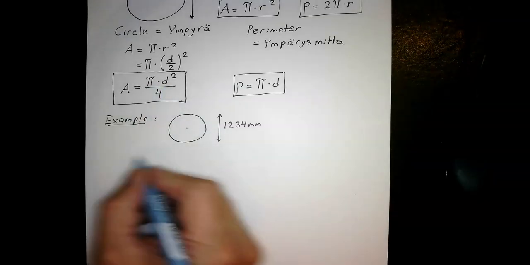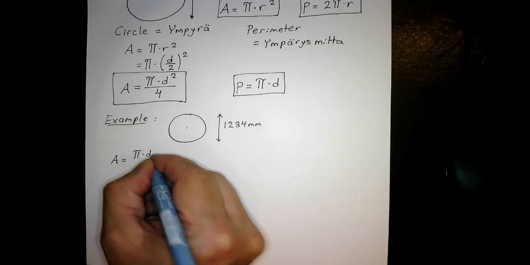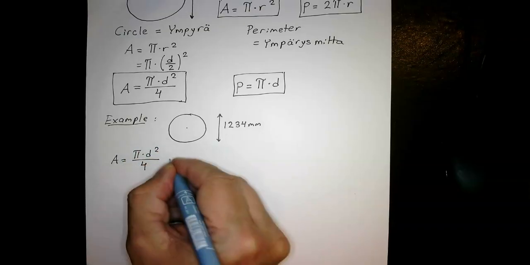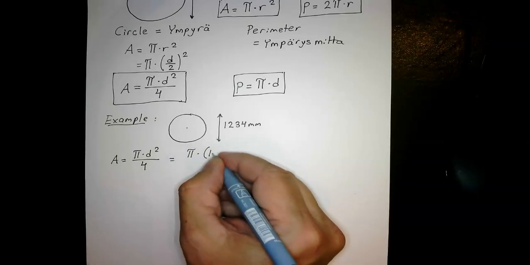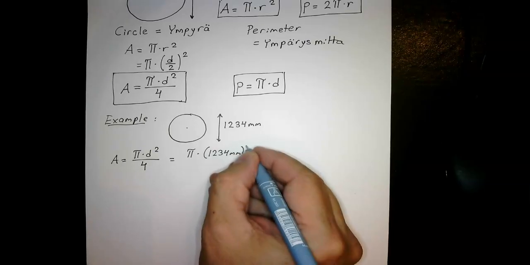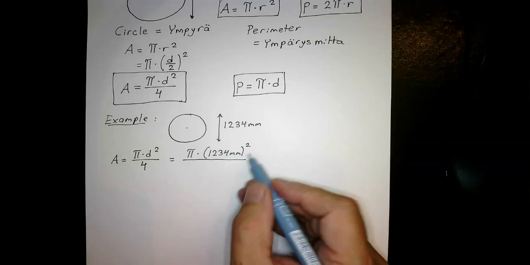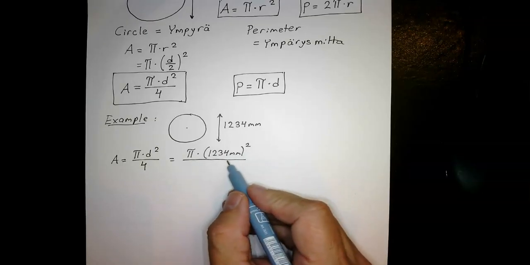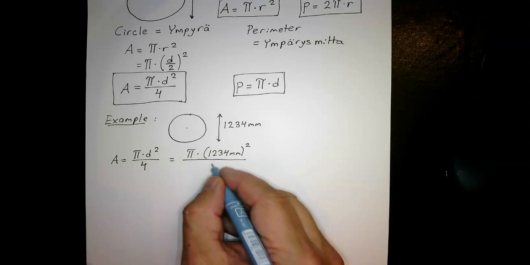Let's use that formula right now. I write it again here. So we have pi times (1234 millimeters) squared, or to the power of 2, or (1234 millimeters) squared.